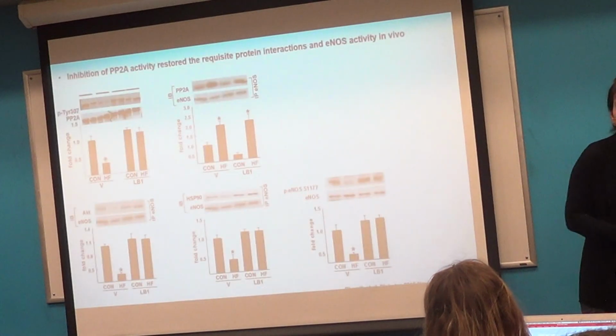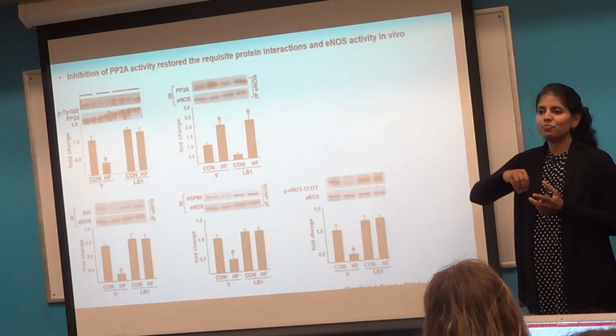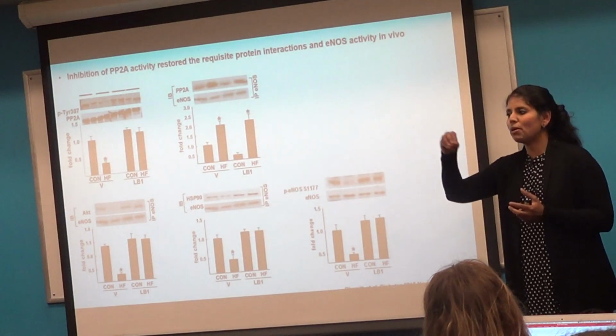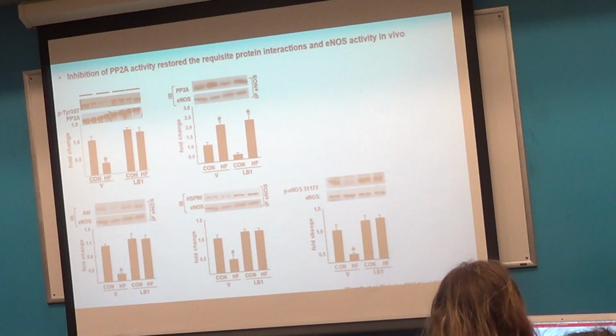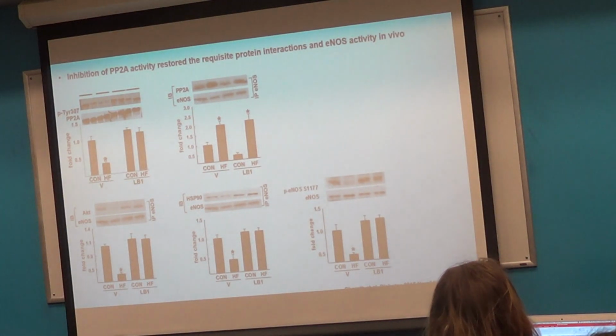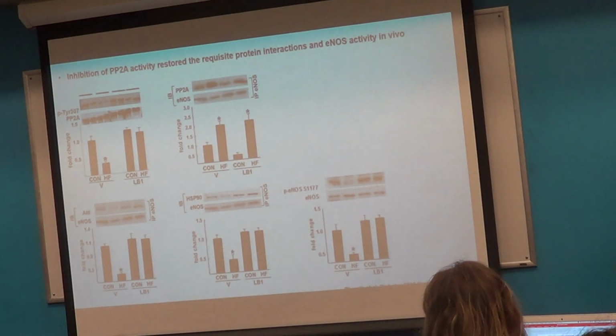It's immunoprecipitation followed by Western blotting. You pull one protein, for example, if I have a clip here, I attach it and pull eNOS like that, and then something else comes with it, so you know they are physically interacting with each other.